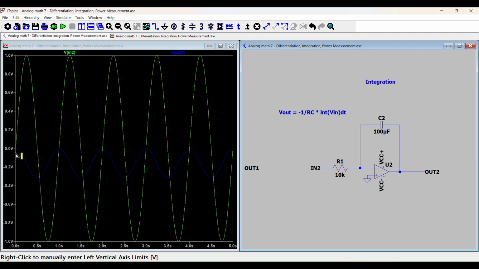Because the height of the cosine wave, the amplitude, is not 1 volt. It's like 0.16 volts. Why is that? Our calculations should indicate that the amplitude of the cosine wave, because the integral of sine is minus cosine, should be 1.